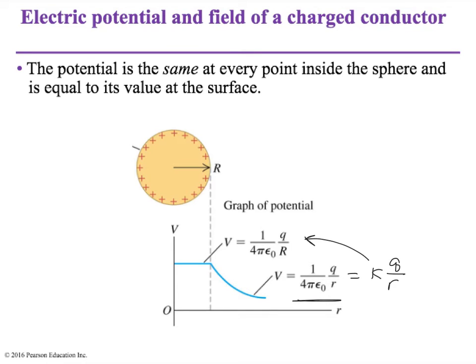And so the potential inside the conductor is the same as it is on the surface, which is equal to the potential of a point charge that would be located, again, at the very center of the conductor.